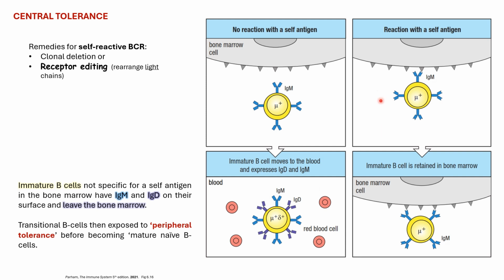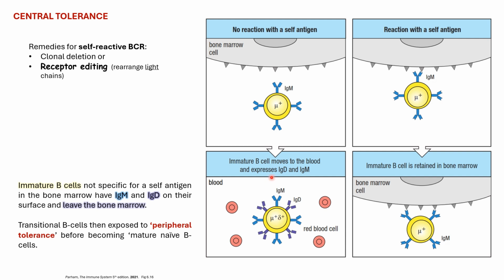However, if a B cell does react with self-antigens in the bone marrow, then that B cell is not released. In fact, it will undergo, in most cases, apoptosis. Those B cells that are released, they're still not fully mature, and they're called transitional B cells.